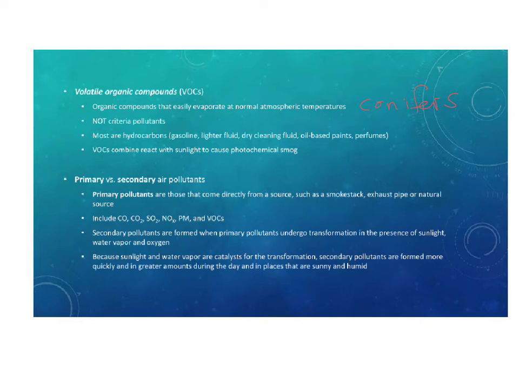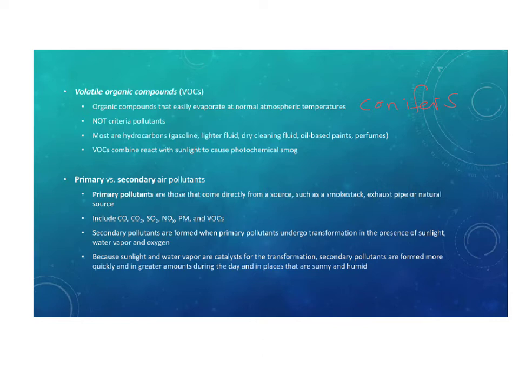Primary versus secondary air pollutants. Primary pollutants are those that come directly from a source, and the source is like a smokestack, an exhaust pipe of a vehicle, or it can be a natural source like a pine tree or a volcano. These include carbon monoxide, carbon dioxide, sulfur dioxide, oxides of nitrogen, NOx, particulate matter, and volatile organic compounds.